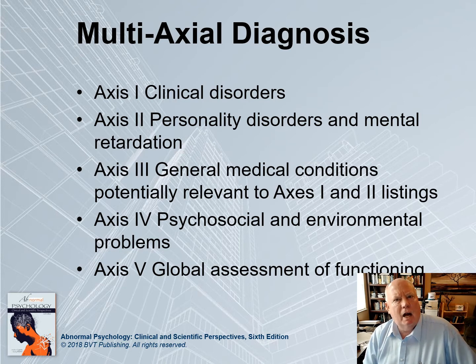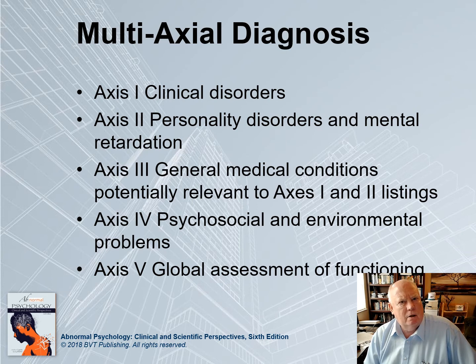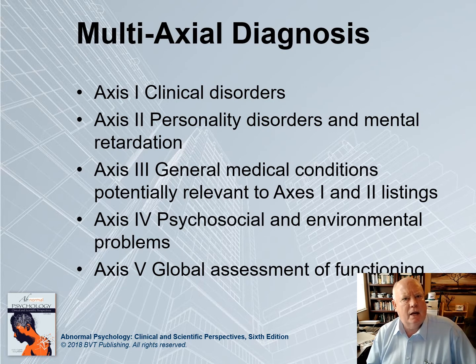We, by the way, now call mental retardation intellectual dysfunction. Axis 3 is where you put medical conditions that might be affecting the individual. So, for example, if the individual was fighting cancer, that's certainly part of the picture of that individual and the situation the person was in.